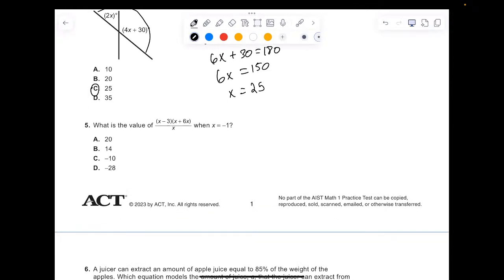What is the value of (x minus 3) times (x plus 6x) over x when x is equal to negative 1? Negative 1 minus 3, negative 1 plus 6 times negative 1, over negative 1. This will become negative 1 minus 3 is negative 4. Negative 1 plus negative 6 is going to be negative 7, divided by negative 1. I'm just going to multiply everything by negative 1, or divide by negative 1.